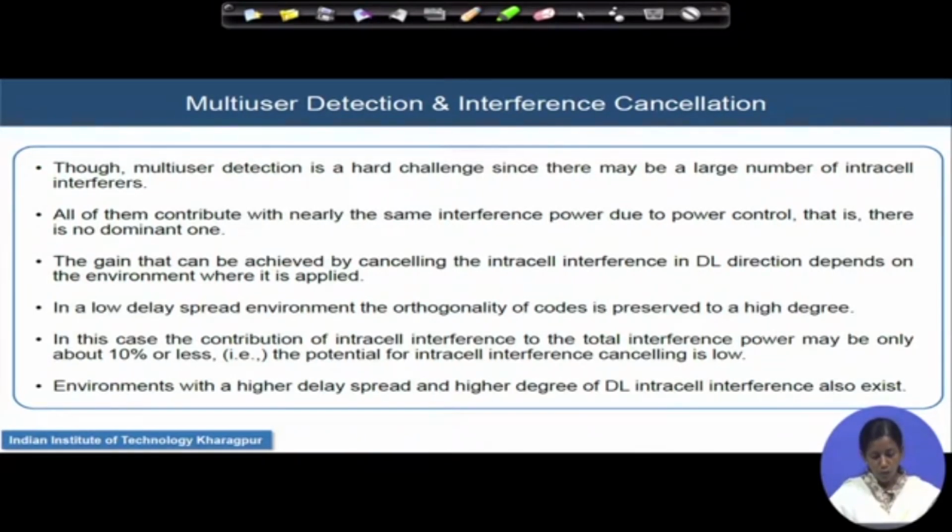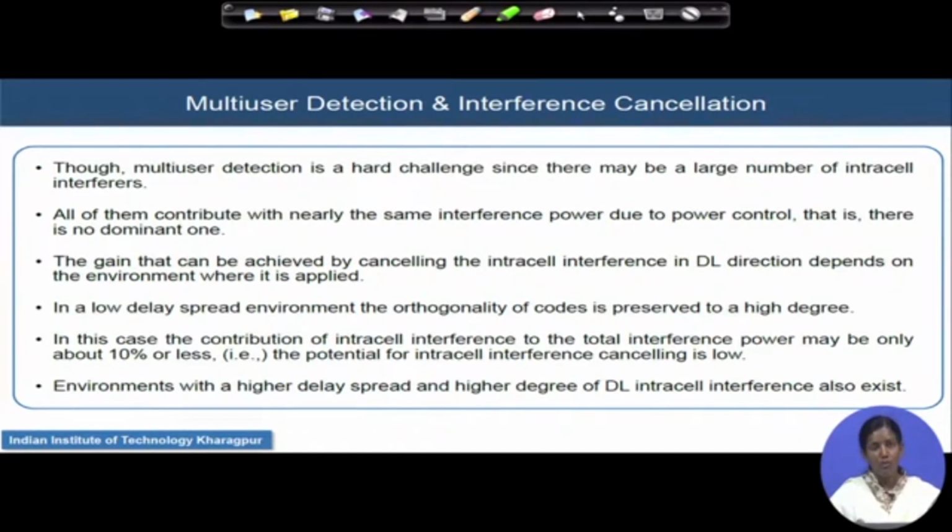In such a situation, the contribution of the intra-cell interference to the total interference power may be only around 10% in a low delay spread environment. In that case the cancellation means a lot of signal processing, but the gain from it will also be less, because they are not creating very much interference.